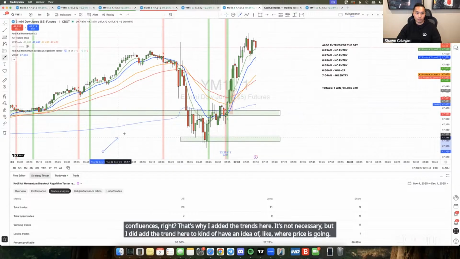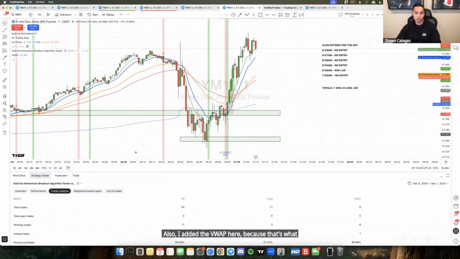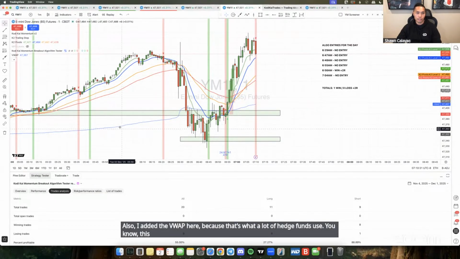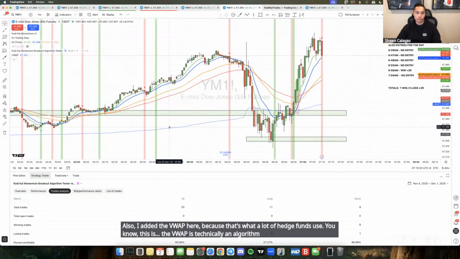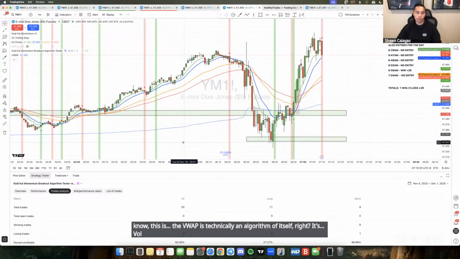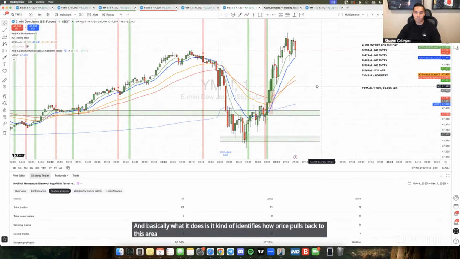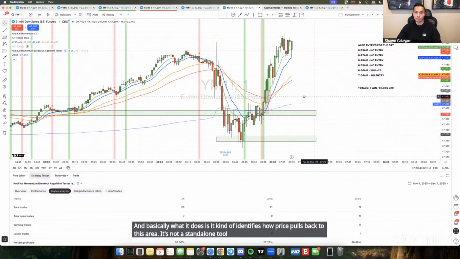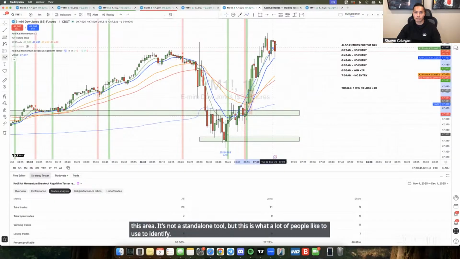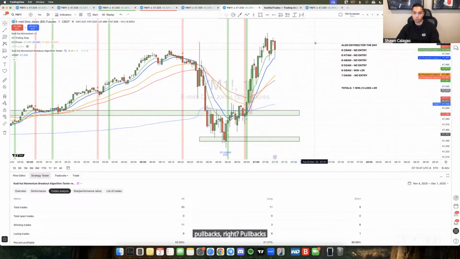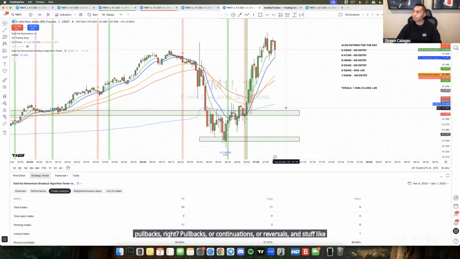I also added the VWAP because that's what a lot of hedge funds use. The VWAP is technically an algorithm in itself. It's the volume weighted average, and it identifies how price pulls back to this area. It's not a standalone tool, but a lot of people use it to identify pullbacks, continuations or reversals and things like that.